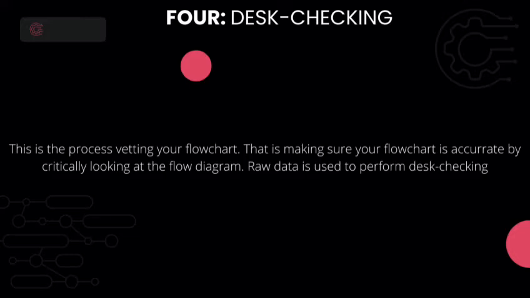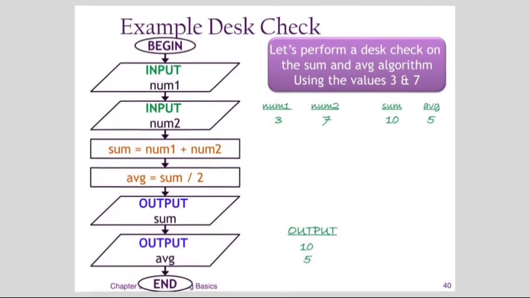In a couple of seconds, you'll see what I mean by inputting real values. You are checking if the flowchart is actually correct. We call it desk checking. It enables you to locate and correct as many errors as you can.